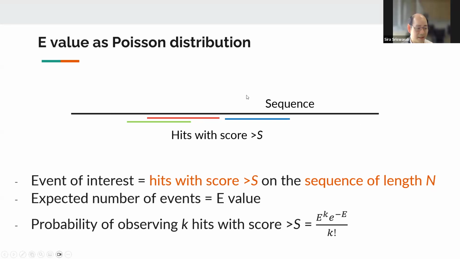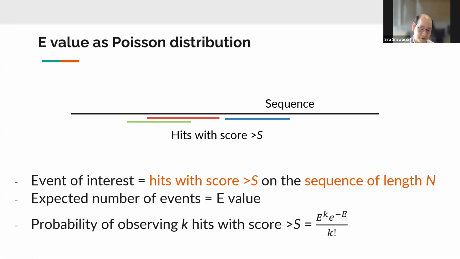And the scope is the genome. So we think of the genome as being our confined space, and we can find certain alignments in this genome with a certain score. So this can be described as a Poisson distribution. And we will talk more about this in the later session.